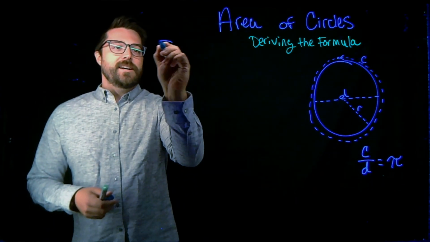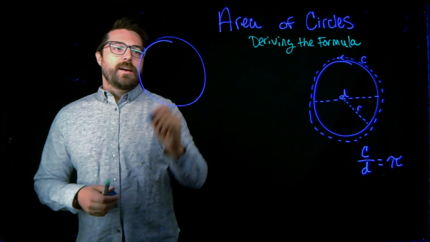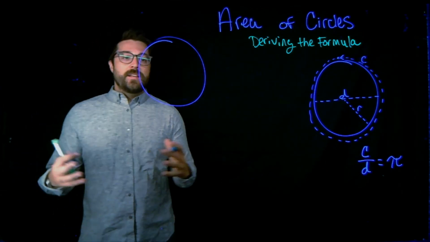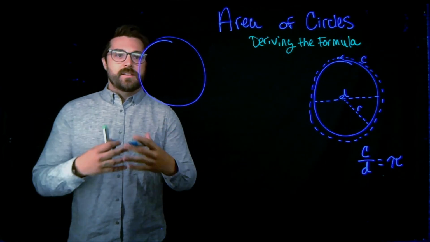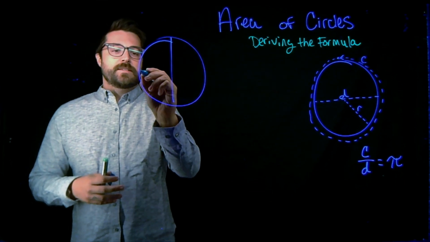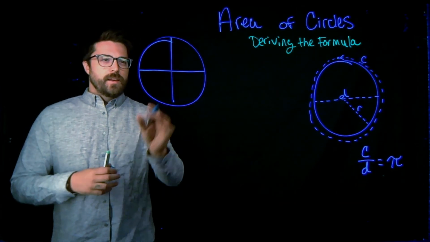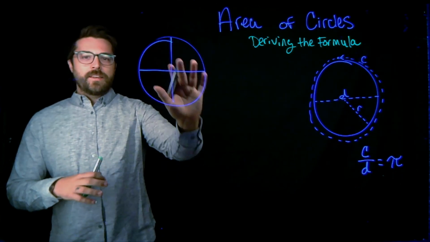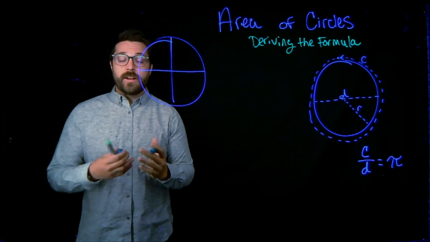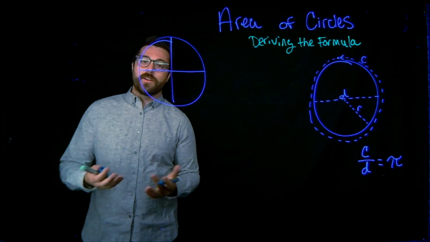So if I take a circle and break it into lots and lots and lots of, I'll call them pie pieces, right? Let's say I just broke it into 4 pieces. They're sort of triangular in nature, and I know that I can make a rectangle out of triangles.